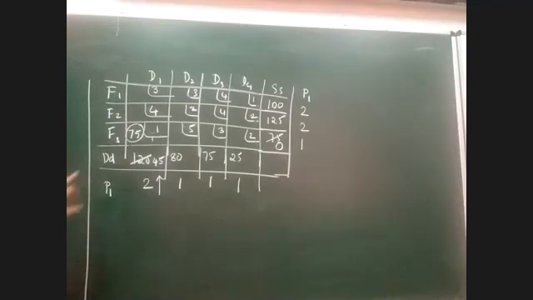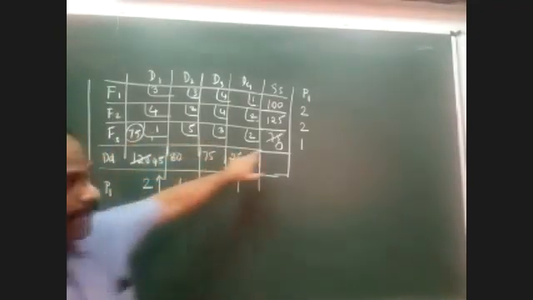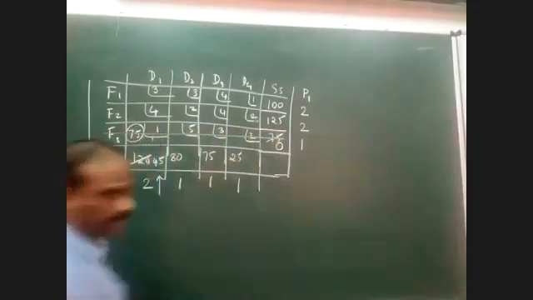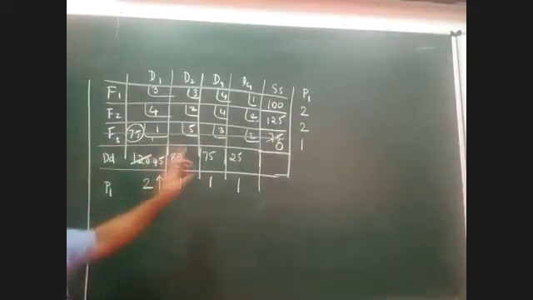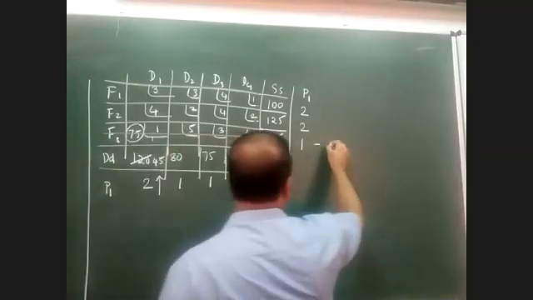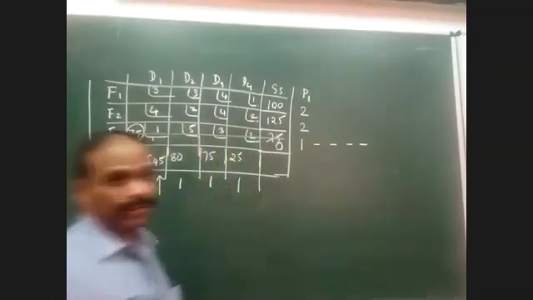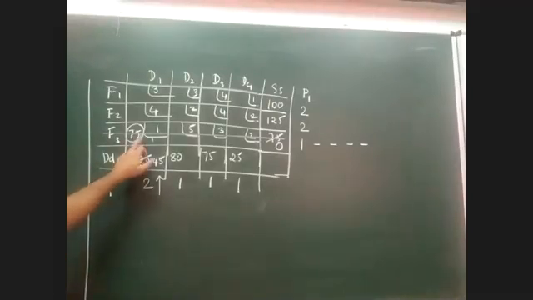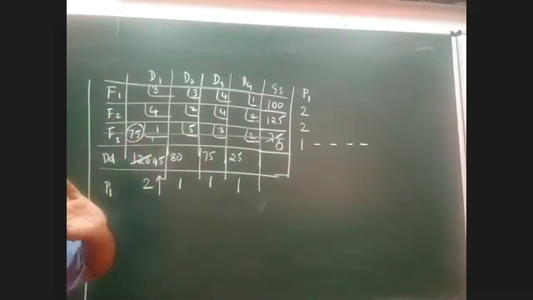Since you can see the third row F3 has become 0, I am supposed to remove F3 from further allocations. Therefore, since F3 is removed, we will not calculate any penalty for the third row. After the first penalty set, I am able to do one allocation. The same step has to be continued until the entire demand becomes 0.